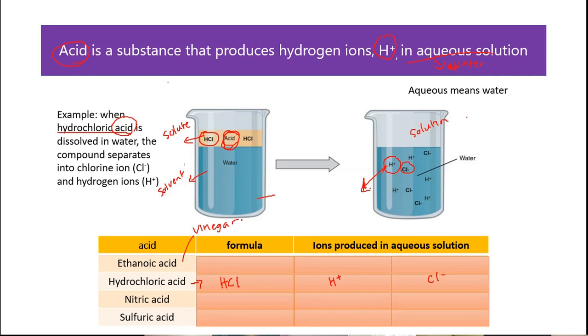What is the formula of vinegar? CH3COOH. What are the ions produced when we dissolve ethanoic acid in water? Also produce H plus, because same acids produce H plus.